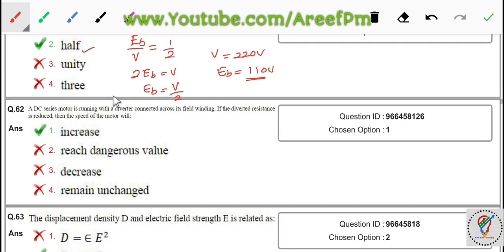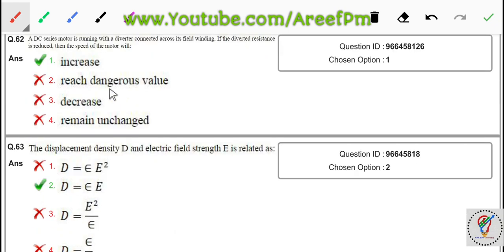Now the next question, the 62nd question. It is also from DC machines. A DC series motor is running with a diverter connected across the field winding. If the diverter resistance is reduced, then the speed of the motor will be?